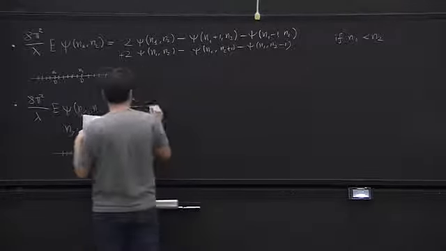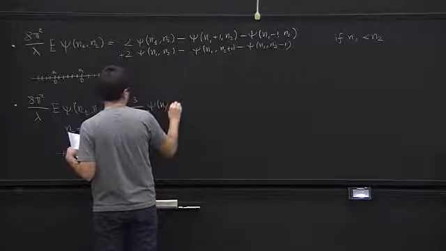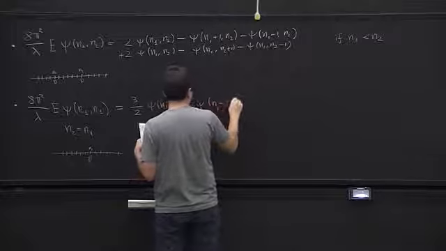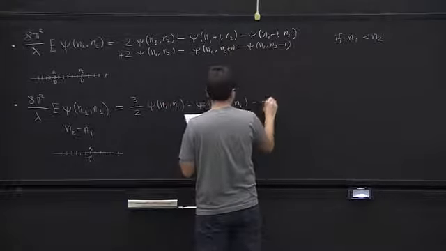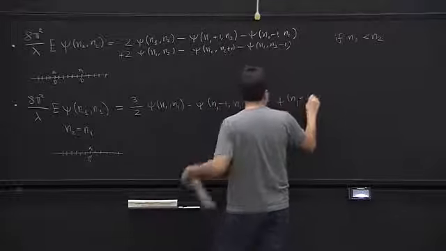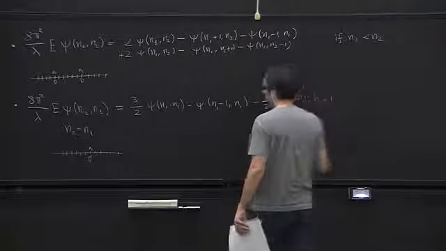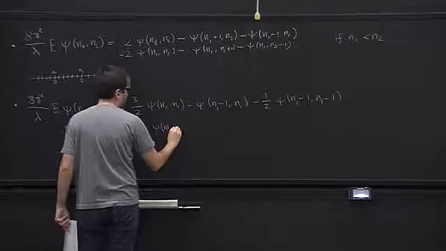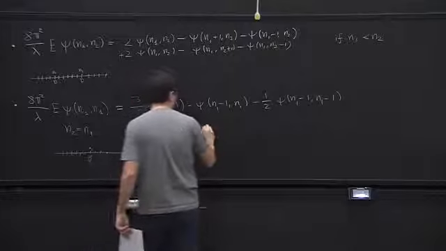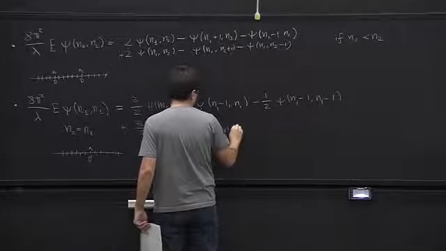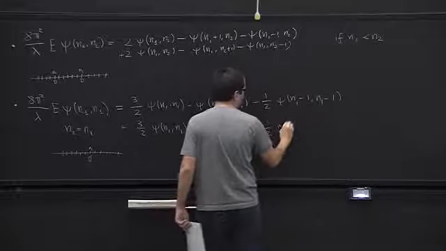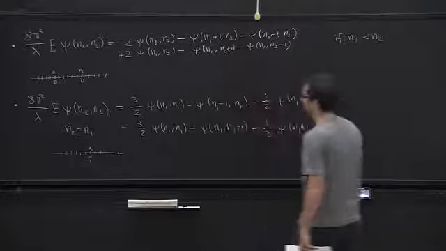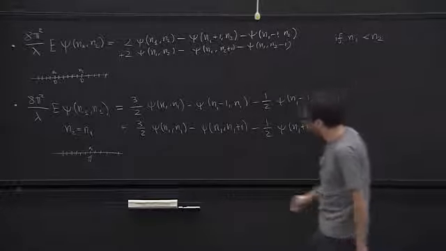So there is 3/2 psi n1 n1 minus psi n1 minus 1 n1 minus 1/2 of psi n1 minus 1 n1 minus 1, and then plus the same thing when you think about the other guy, n1 n1 minus psi n1 n1 plus 1 minus 1/2 psi n1 plus 1 n1 plus 1. Okay, so let's again see.